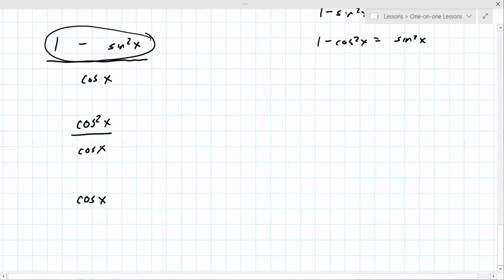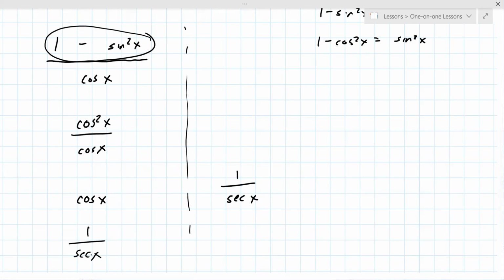The bottom is 1. Now you might be thinking, well, how do I get, because if I bring down this other one, it's 1 over secant x. Well, cosine can be rewritten as 1 over secant x. That's a reciprocal identity.